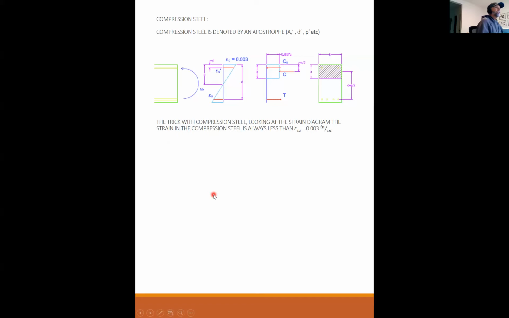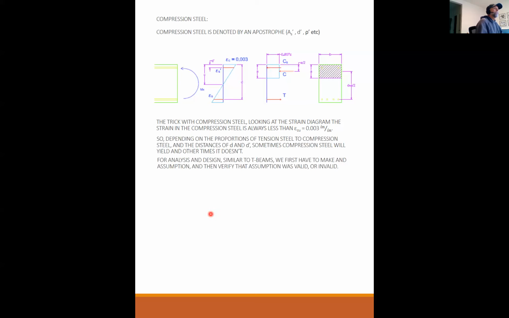And it's pretty much what I just said. The trick with compression steel, looking at the strain diagram, is that the strain in the compression steel is always less than 0.003. So depending on the proportions of tension steel to compression steel and the distances of d and d prime, sometimes compression steel will yield and other times it doesn't.